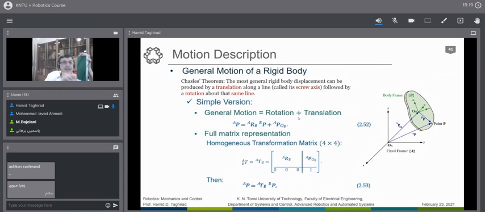At any instant in time, consider that we are now here, and from here we are now to here. At this stage, we have a translational motion plus a rotational motion. As you see here, we have about a 90 degree rotation. This translation and rotation can be considered as the main parts of the motion representation.